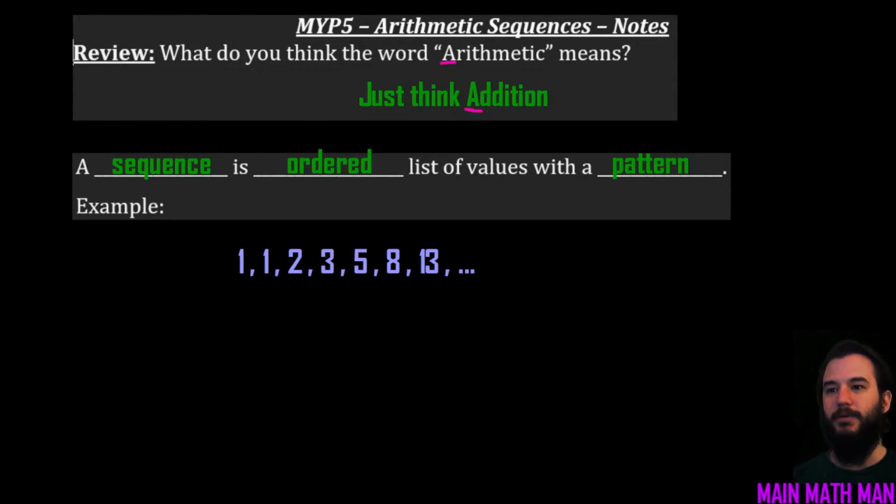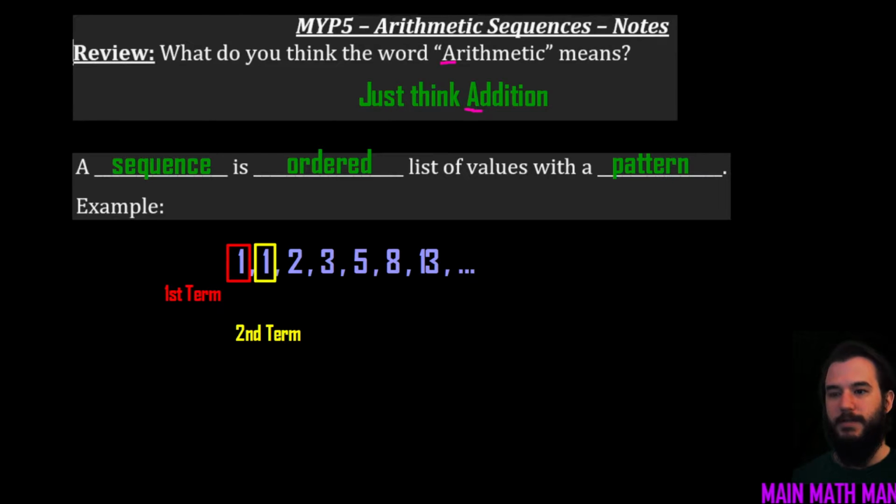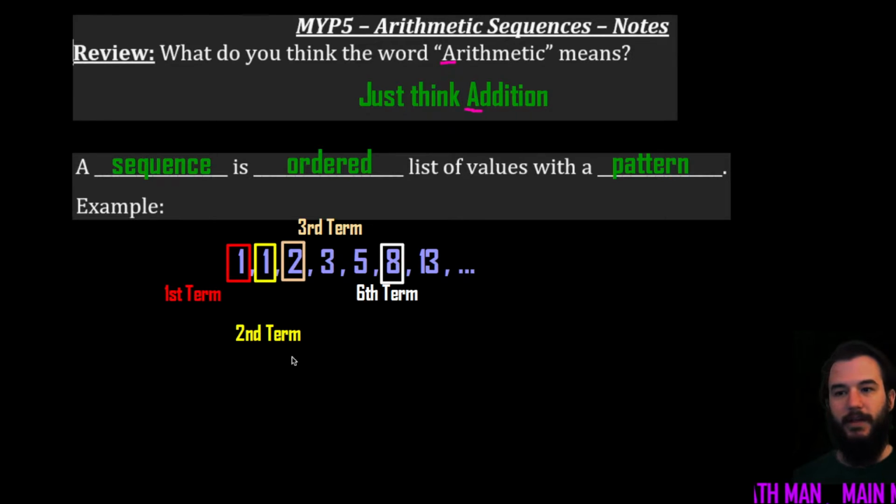So for example, you could have the sequence 1, 2, 3, 5, 8, and 13. We would say that first value is the first term, the second value is the second term, the third value is the third term, and so on and so forth. For example, 8 would be our sixth term in our sequence.